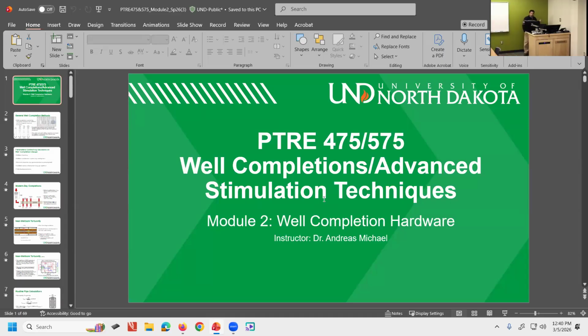SH mean is the least compressive in situ principal stress in strike slip and normal faulting. In reverse faulting, SV is the least compressive stress, or the overburden. So if you do leak-off testing in a reverse faulting stress environment, you're really measuring an approximation for overburden.